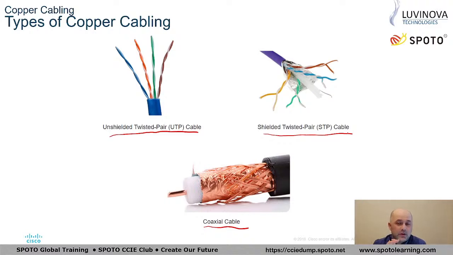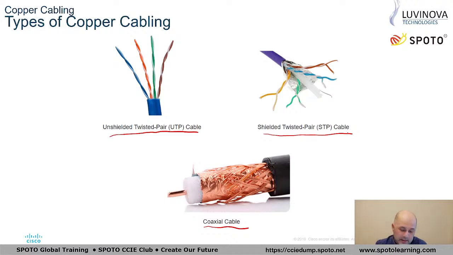So those cables are not good to use if you have really big distortion sources like electromagnetic fields or radio frequency fields, because they don't have shielding. Shielded twisted pairs have shielding. As you can see, the shields are on each pair, and around the whole set of twisted pair cables as well. And coaxial cable is the most shielded cable.